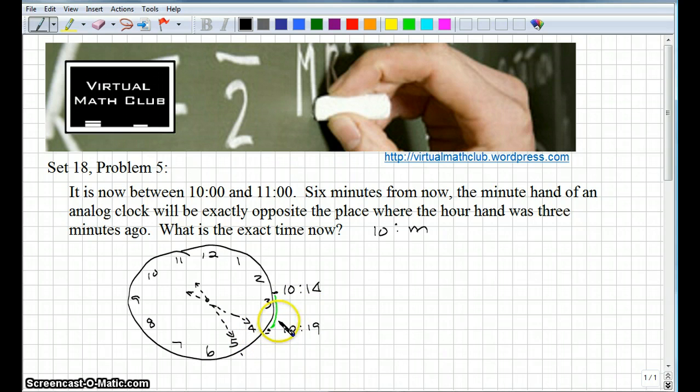Now, wouldn't it be nice if we had some way that if we could just plug in any minute, we could figure out the position of the hands?